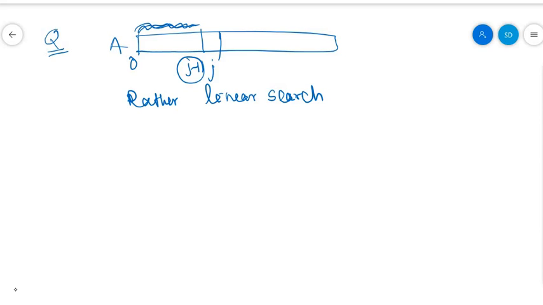So if we use binary search instead of linear search, what's the benefit, or what's the problem here? If we put in binary search, what are the pros and cons?